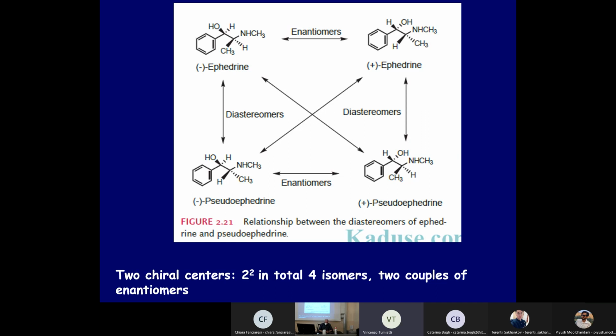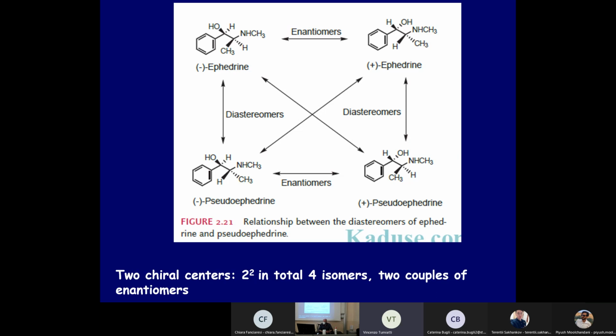What are the chemical physical properties of the enantiomers? They have the same chemical physical properties, the same melting point, the same solubility.